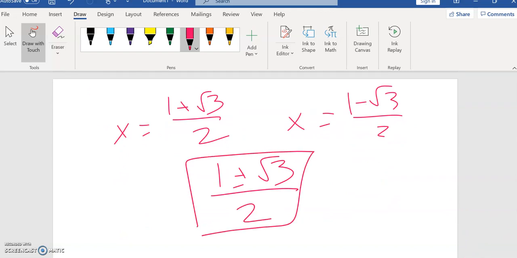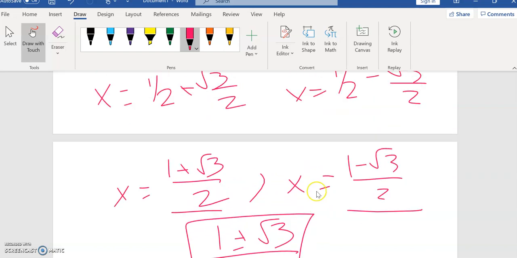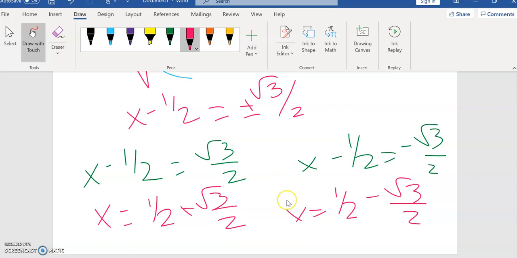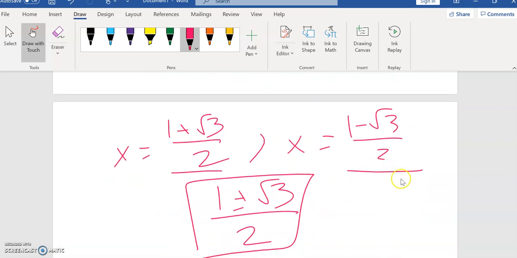I'm perfectly happy with this answer. I will tell you my Math Lab expects you to write the two different answers separated with a comma. That's one of the reasons I went through all the steps. As you get practice with this, you can probably get from here straight to here, and that's fine. Just be aware that for my Math Lab, you will need to separate them out.